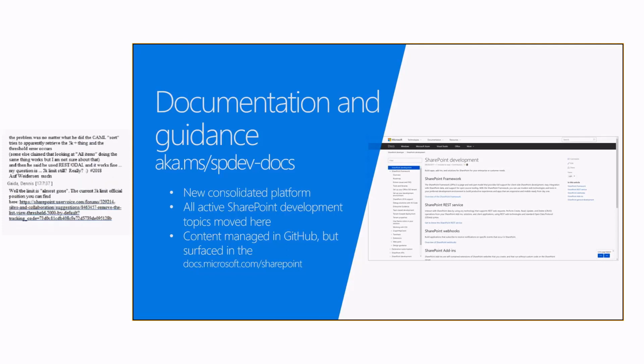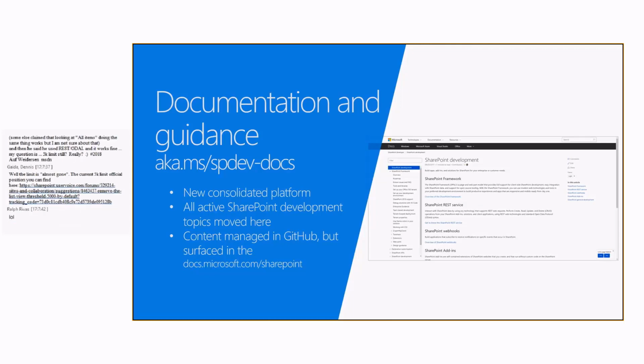But the key point is that we're asking people to report those issues to us so we can address them in an easy way. In MSDN, this wasn't really that straightforward, even though there was some sort of weird feedback mechanism. But to be honest, after spending four years in SharePoint engineering, I never knew who was actually getting the feedback links or feedback material. So now we're super open and transparent around how we're getting that information in GitHub as well.